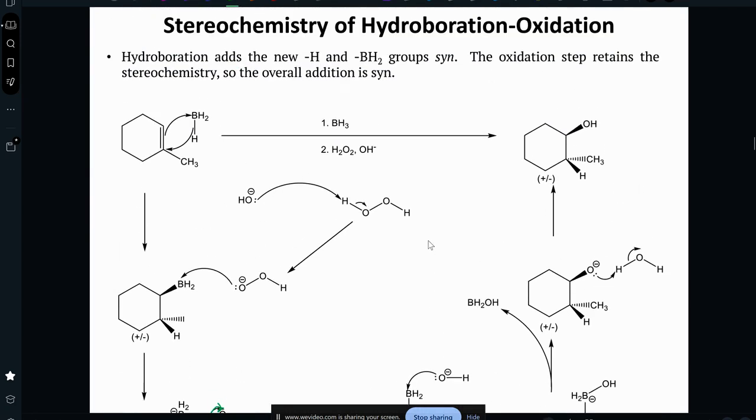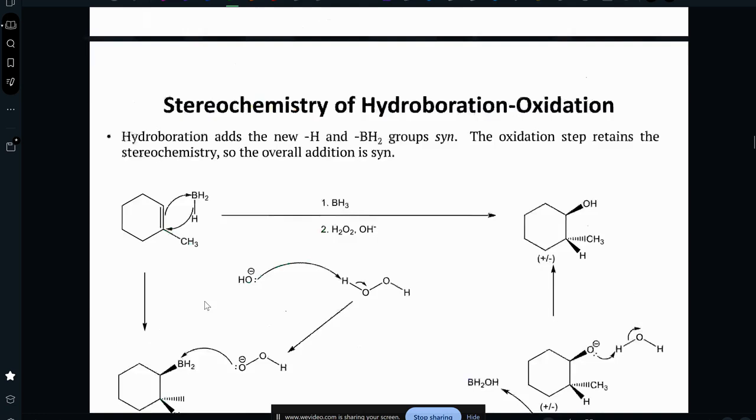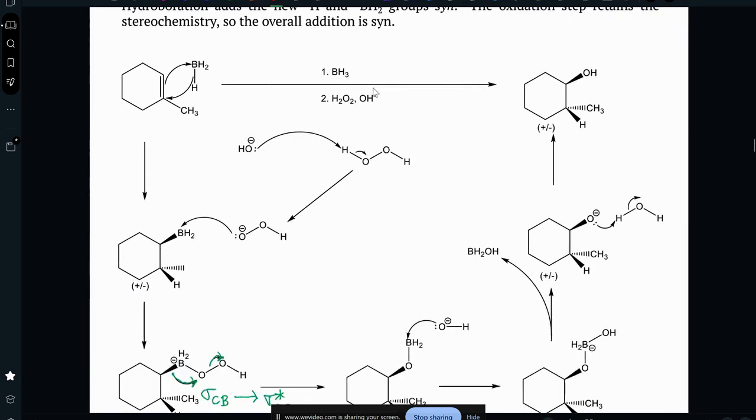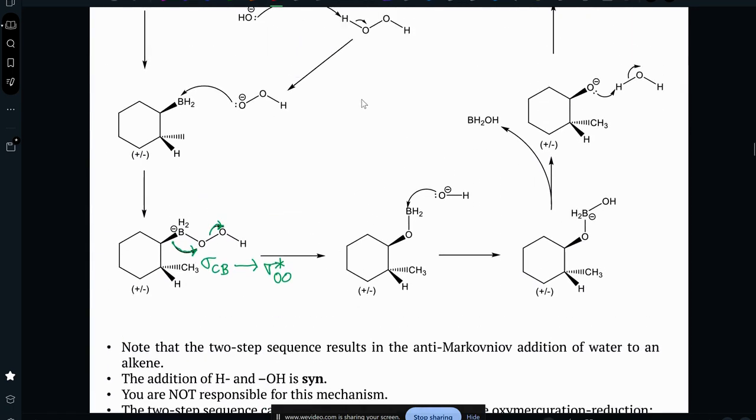Not a mechanism I would expect you to predict, not a mechanism I would expect you to know. The thing I want you to take away is in this very first step, we're adding the boron and the hydrogen at the same time. So that is always going to be a syn addition. When you're adding two things at the same time, they're generally going to have to add to the same face of the alkene. So that'll generally be a syn addition. But the second step here is going to retain the same stereochemistry at this carbon.